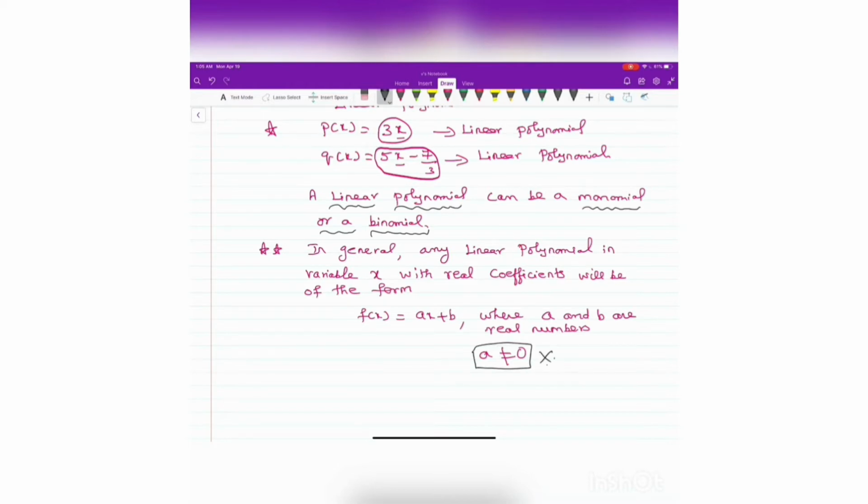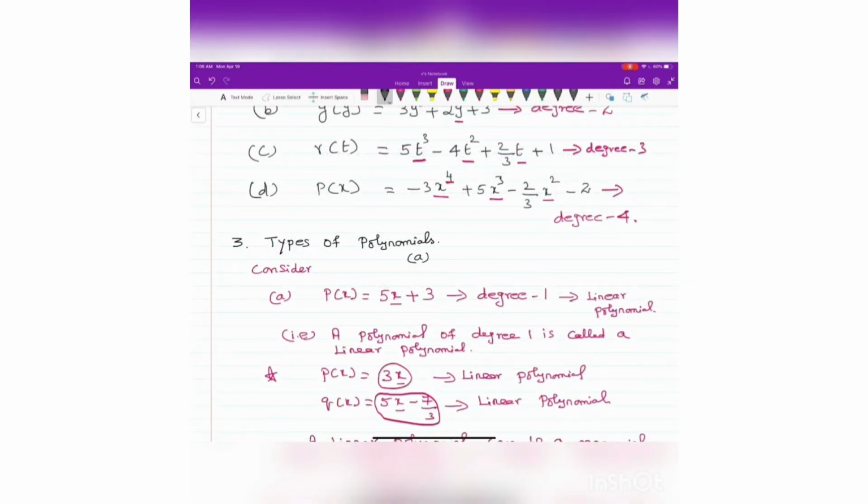If a becomes 0, then a into x will become 0. Then it will not be a linear polynomial because you will have only one constant term. So this condition is very important. So normally, in general, we write any linear polynomial as f of x is equal to ax plus b. The first one, linear polynomial.